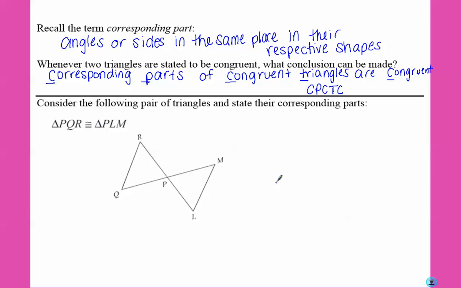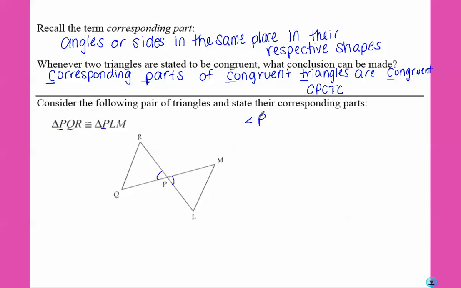So, given these following pairs of triangles, let's state their corresponding parts. If triangle PQR is congruent to triangle PLM, since the P's came first, we know they're congruent.